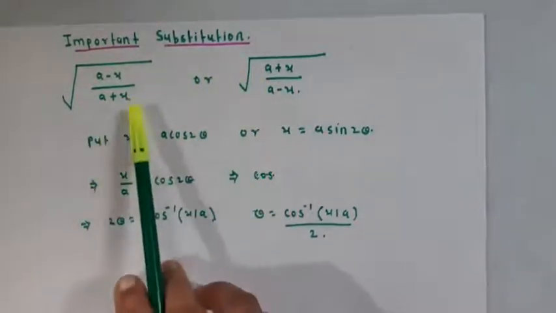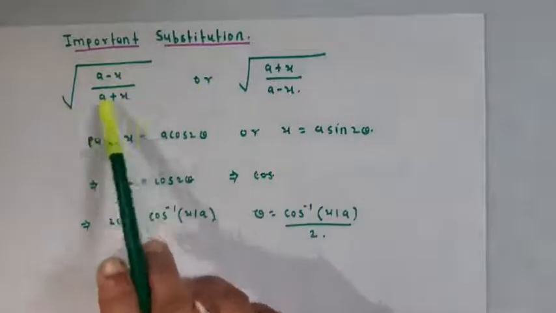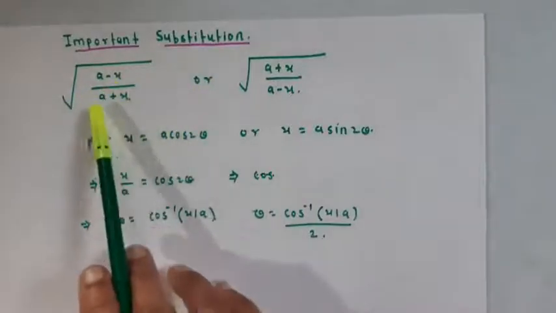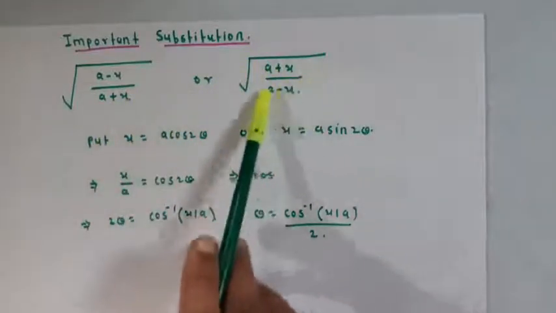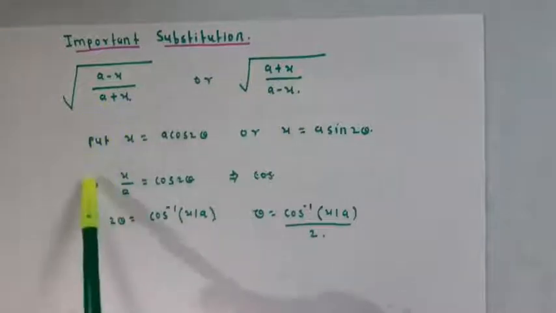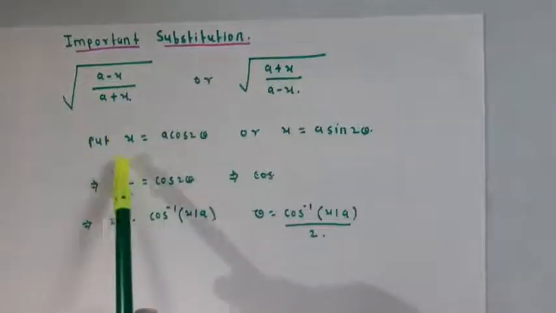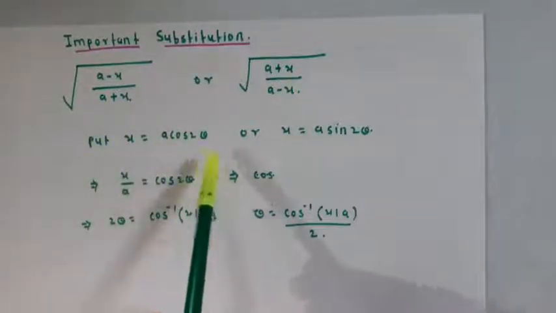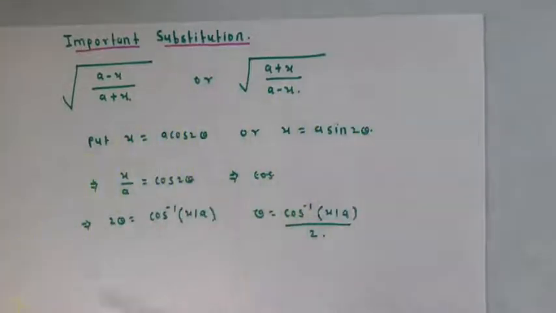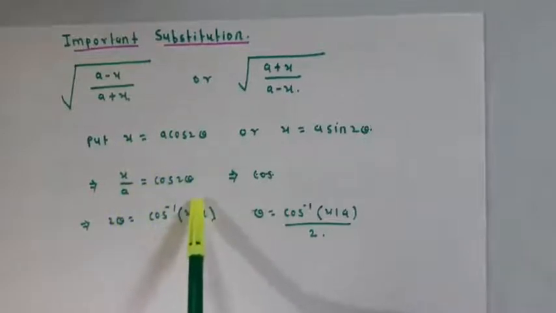Students, if the integral is of the form square root of (a minus x) upon (a plus x), or square root of (a plus x) upon (a minus x), in both cases we substitute either x equal to a cos 2 theta or x equal to a sin 2 theta, whichever we like. This implies x upon a equals cos 2 theta.